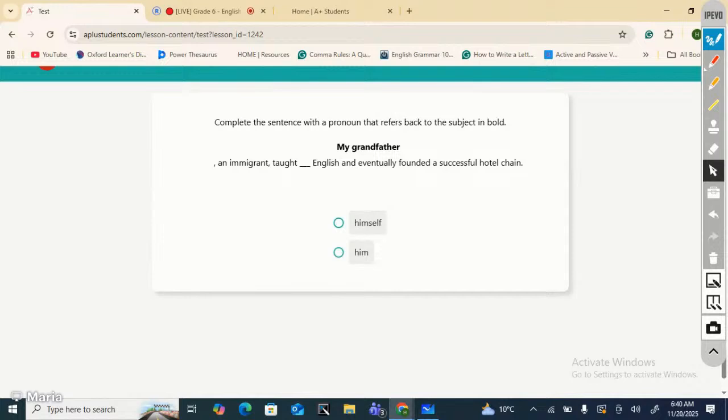My grandfather, an immigrant, taught blank English and eventually founded a successful hotel chain. The subject in bold is my grandfather. Now choose a pronoun that refers back to this subject.